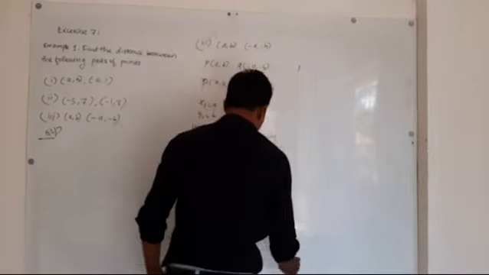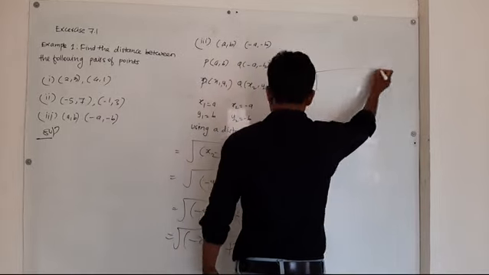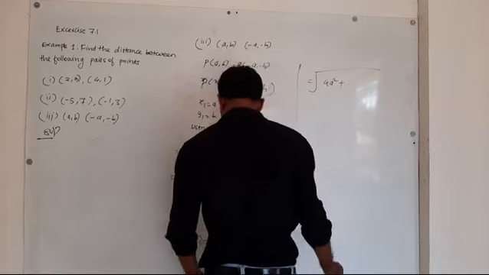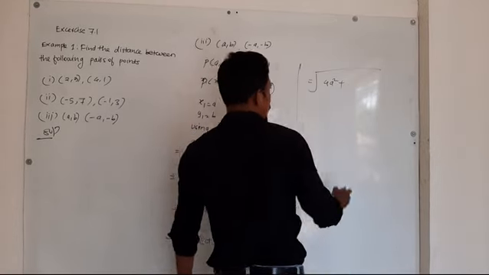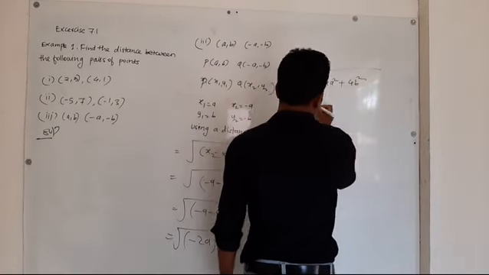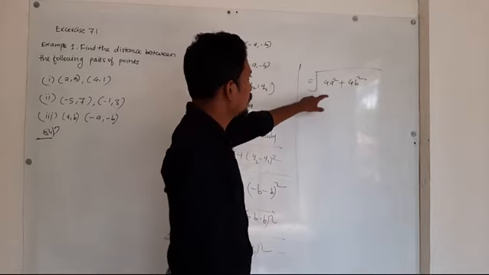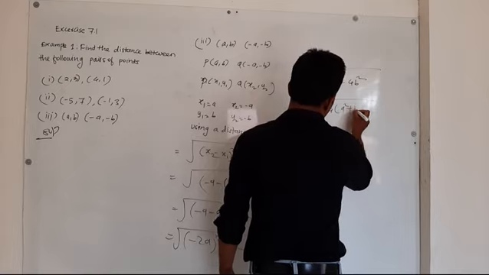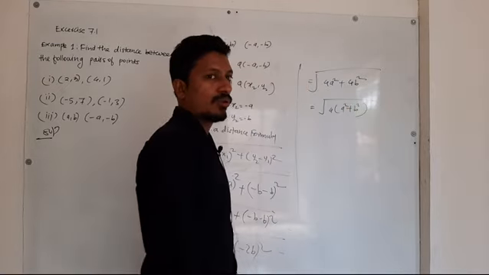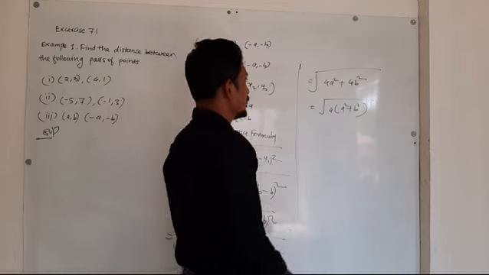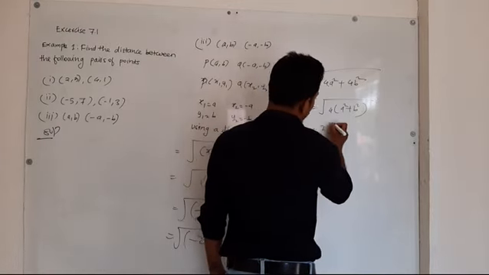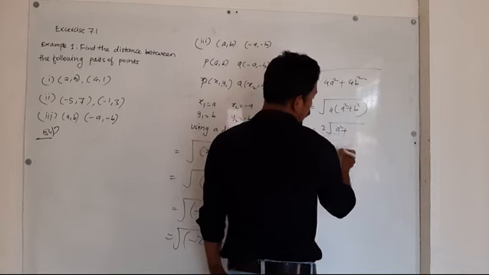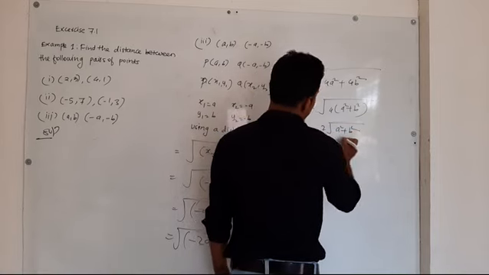Square is any time positive. The square of minus 2a is 4a squared, plus the square of minus 2b is 4b squared. Here 4 is common, that is 4 into (a squared plus b squared). Taking the square root, that is 2 into root of a squared plus b squared.